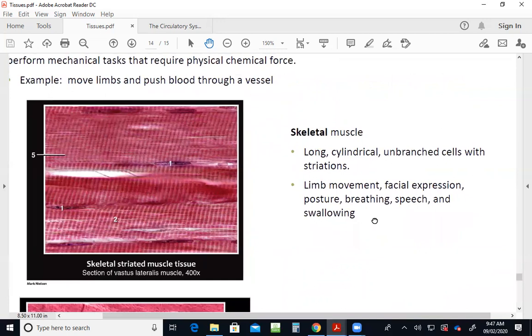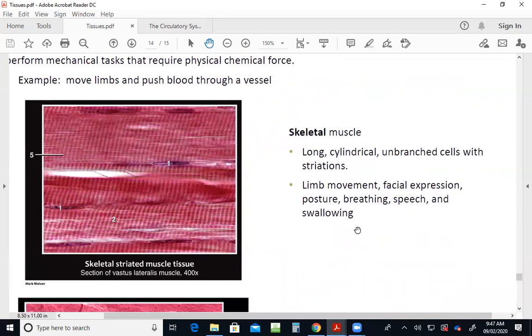Okay. When you think muscle, probably going to think of things like your biceps and your quads and your calf. You're thinking of skeletal muscle, called skeletal muscle because it's attached to our skeleton and is what moves our bones in many cases. Not always, like in your face, they provide facial expression instead of moving things and move your skin.